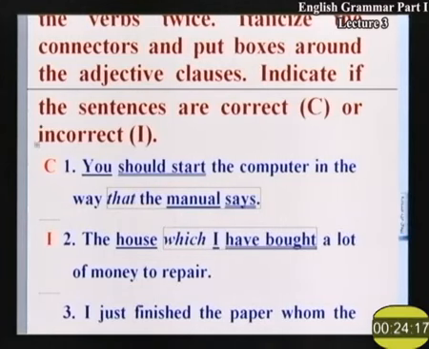And it introduces an adjective clause. طيب and it refers أو it describes the noun that directly comes before it. يبقى that the manual says. وأنا عندي أهو اسم وفعل يبقى دي وقبلهم connector. يبقى this is an adjective clause that qualifies the word way. مفروض ان انت تبتدي الكمبيوتر بالطريقه اللي المانيوال اللي هو الكتيب اللي بيجي مع اي آلة بيدي الارشادات بتاعه تشغيلها يعني. يبقى المفروض ان انت تبتدي الكمبيوتر بالطريقه اللي بيقول عليها المانيوال. طيب this sentence is correct.